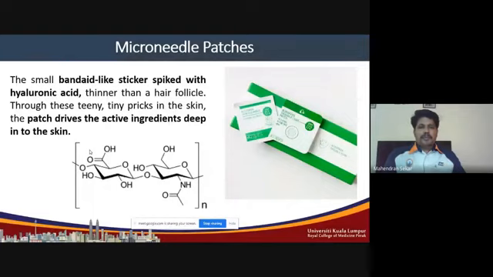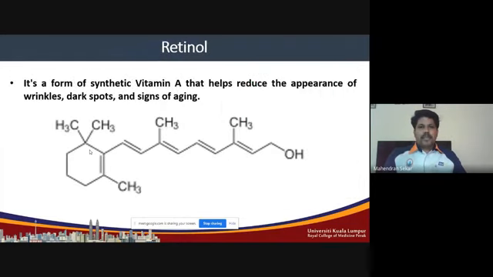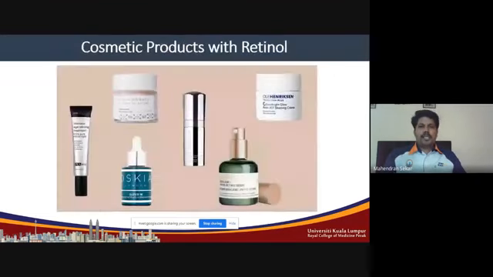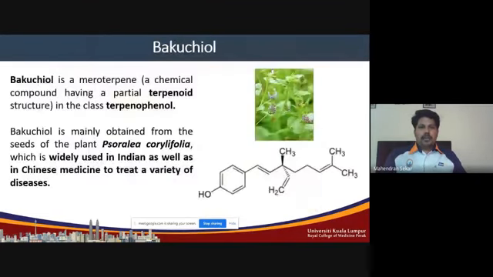Instead of giving a normal facial cream or lotion or ointment, this is a kind of patch, something like a band-aid type. And normally in any cosmetic product we use retinol as one of the ingredients. Now we have changed to bakuchiol, which is mainly obtained from Psoralea corylifolia.